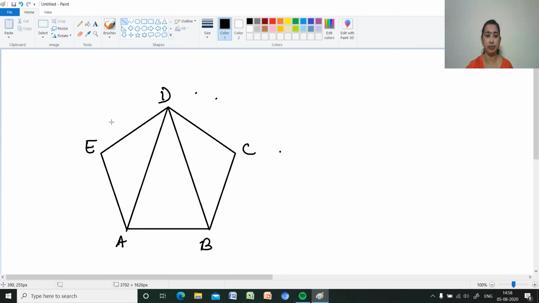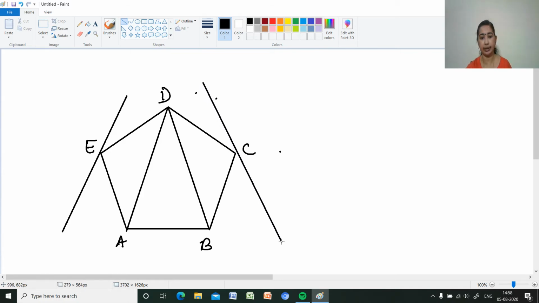So the first parallel line should be drawn at E. The second parallel line should be drawn at C, which is parallel to BD. So two parallel lines: one parallel to AD at E, and one parallel to BD at C.